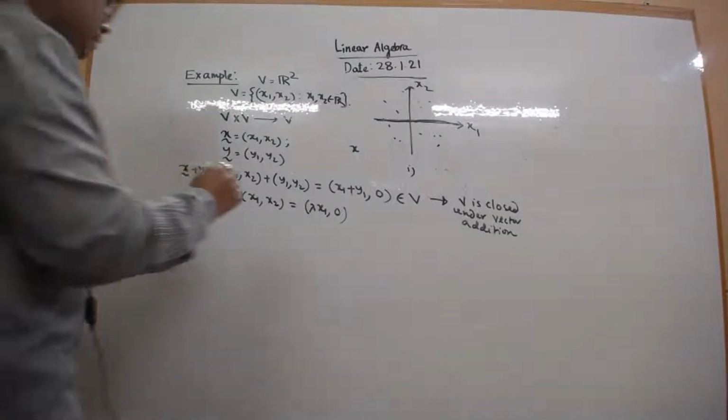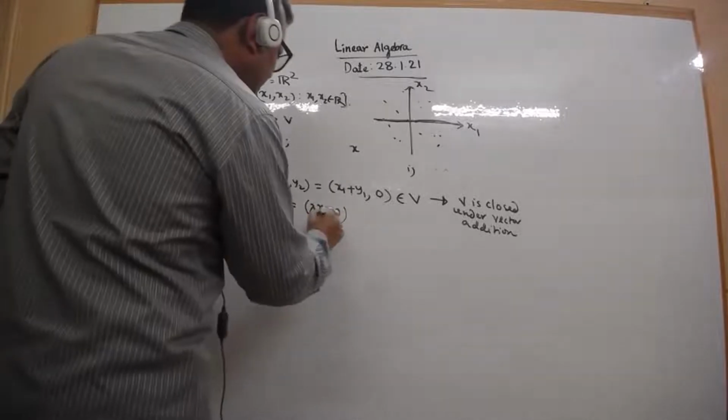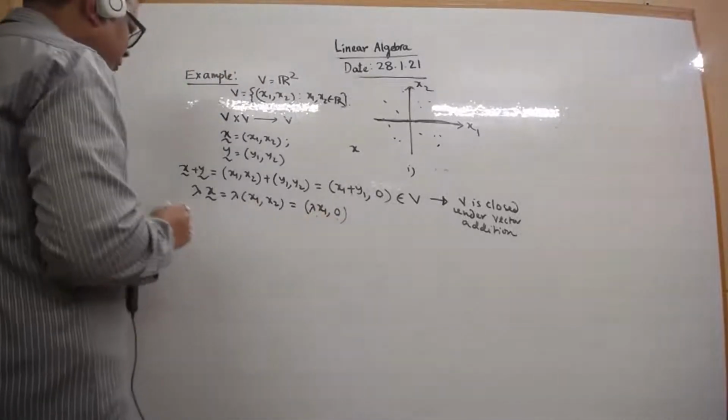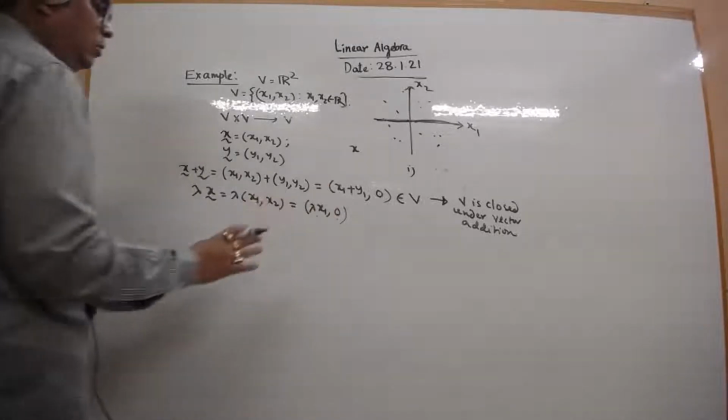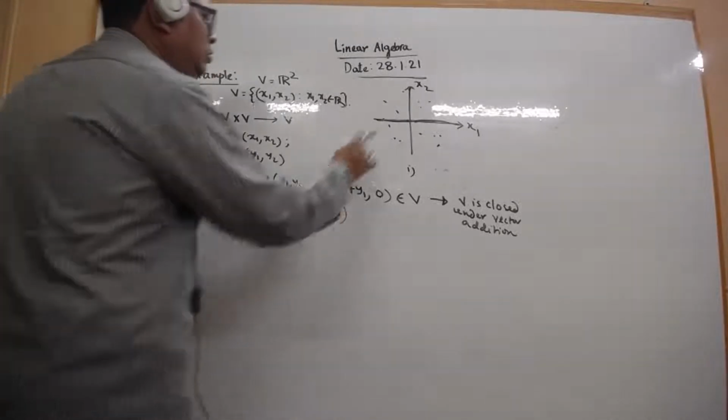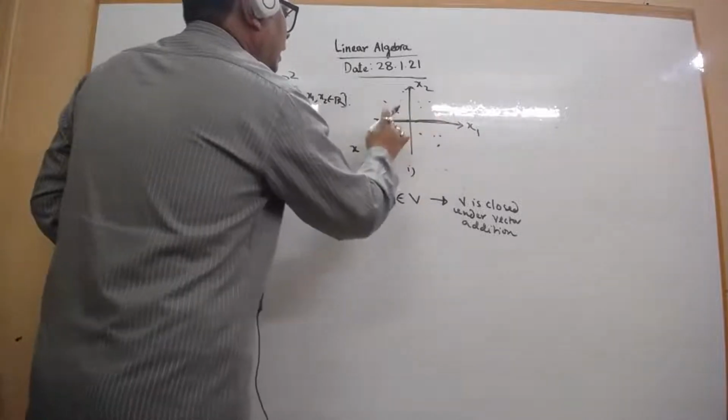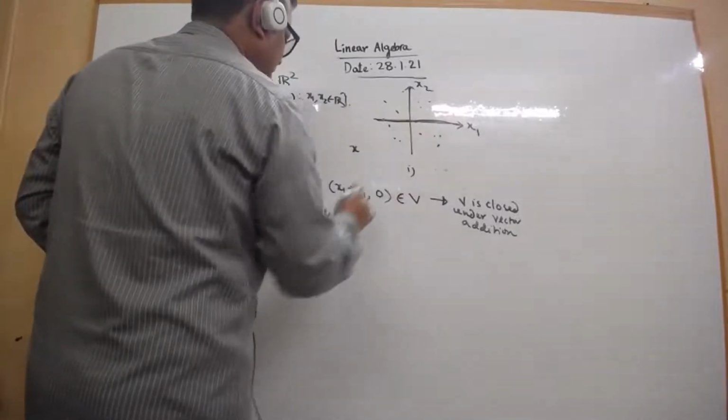Next, again we see that if we define scalar multiplication as follows, with the second component 0, then this also lies in this line, the x-axis.